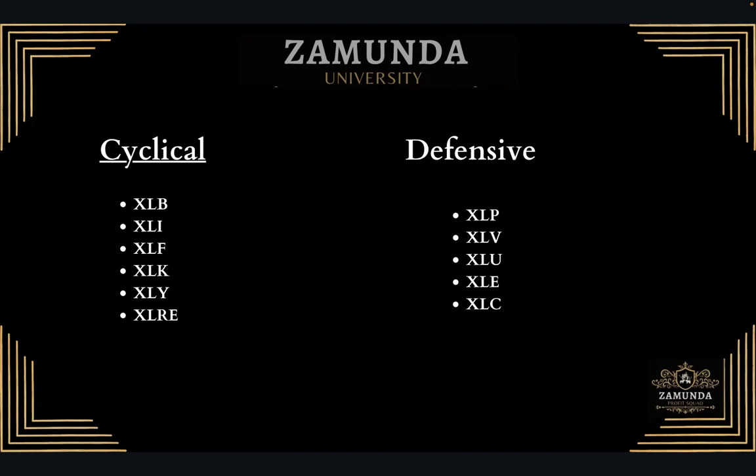Those are still essentials. Now, XLE and XLC are defensive stocks, but there's actually a third category. It's called sensitive. They can be sensitive to economic change, but it's not 100% defensive. So XLE, depending on the economy, you may not be traveling as much.